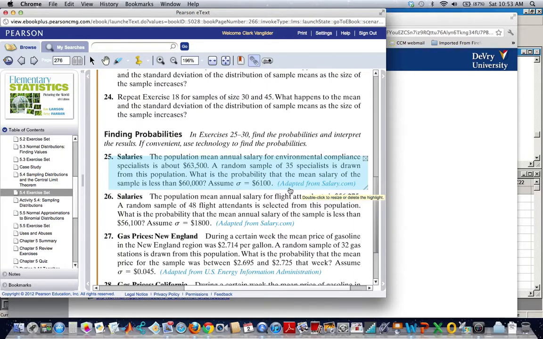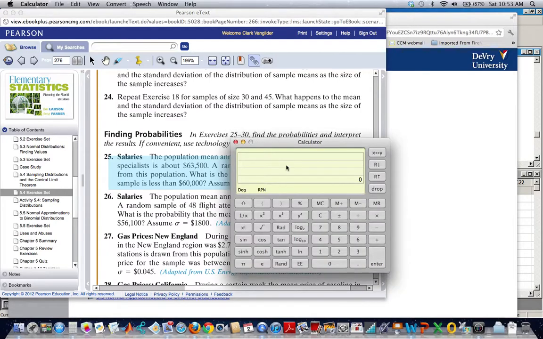Now, if they hadn't given us the sample size of 35, we could just do a regular z-score, where it's 60 minus 63.5 divided by the 6,100, you get a z-score, find the probability. But since we have a sample size, that changes the nature of the z-score, and we're actually dividing the standard deviation by the square root of the sample size.